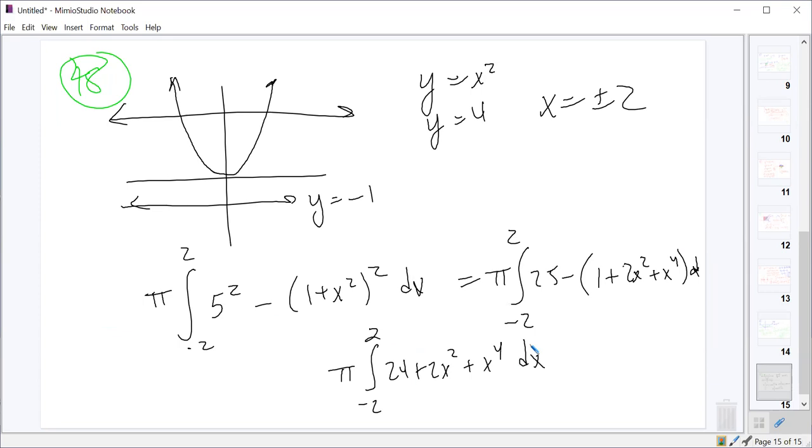Which, of course, is not one of their answer choices. Perfect. Let's see here. I wonder if they tried to do this. No, they didn't try and do it with shells.